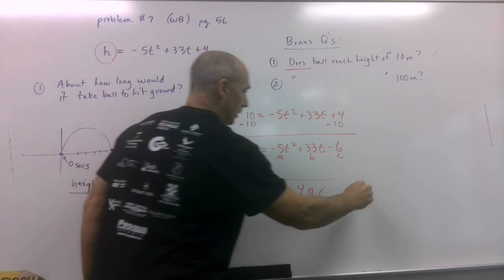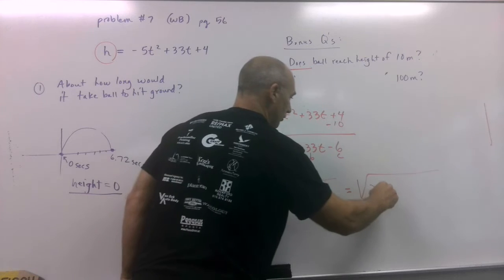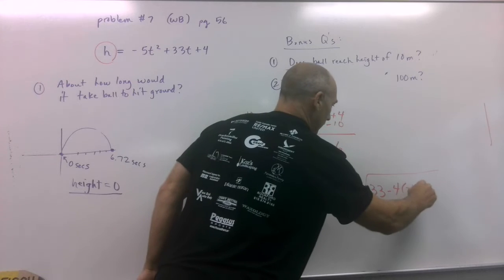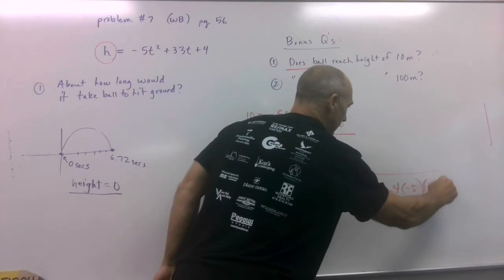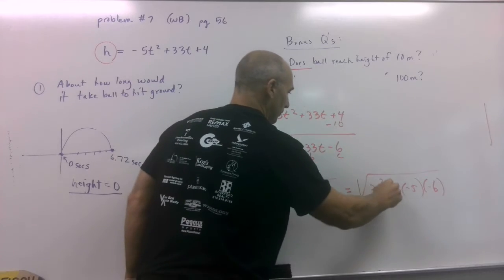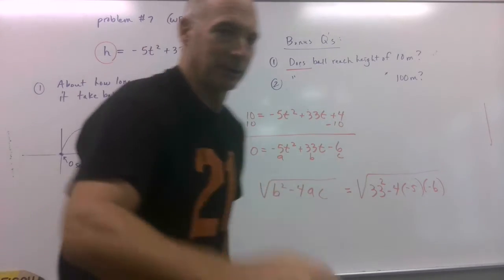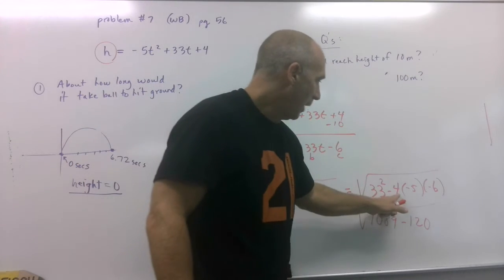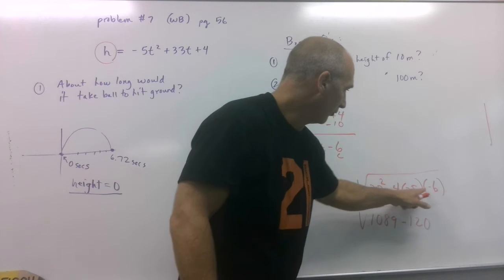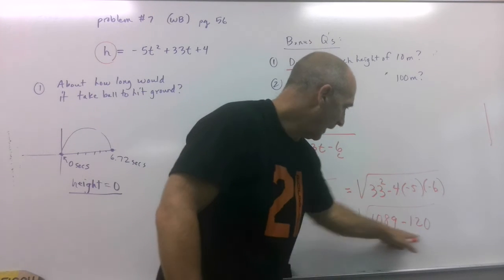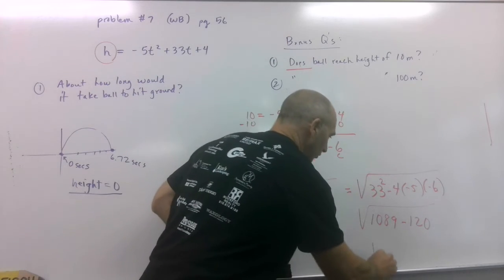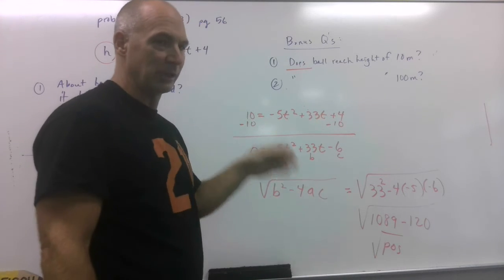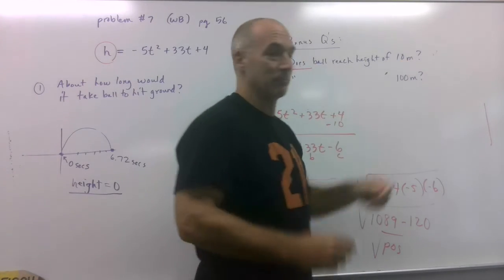So if I plug stuff in where it belongs, my b squared is 33 squared, minus 4 times a, which is negative 5, times c, which is negative 6. I plugged it in on my calculator, 1089. I went 4 times 5 times 6 is 120, because there's 3 negatives, I know it's going to be a minus. And I can just look at that and say, yeah, that's going to be the square root of some pretty good-sized positive answer, so that's a real solution. So yes, the ball definitely reaches a height of 10 meters.